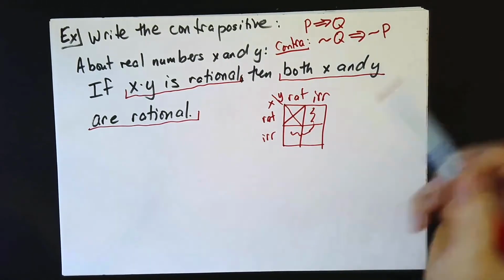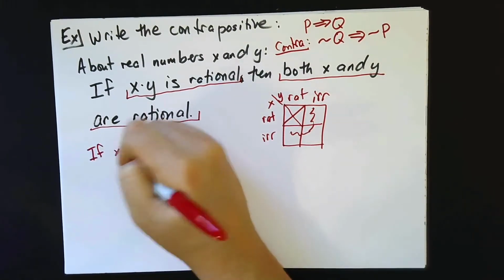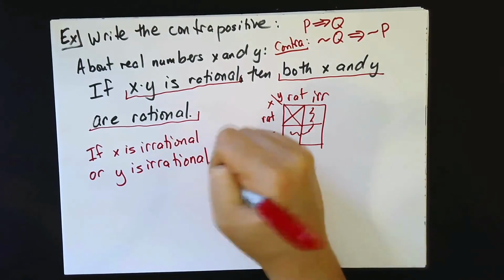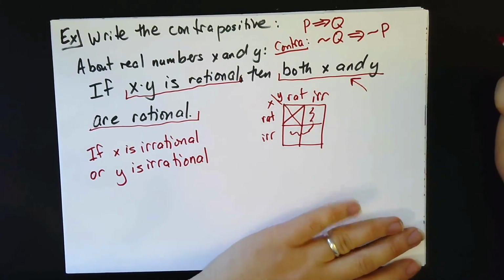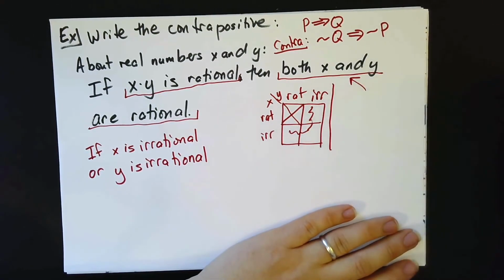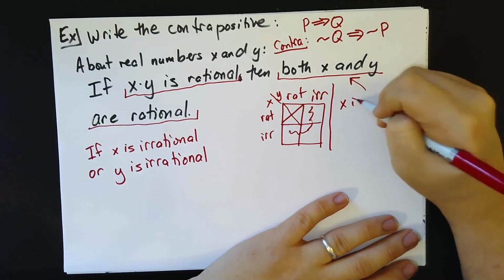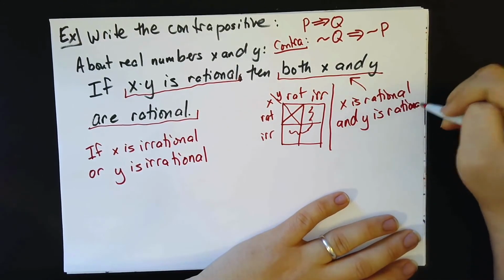And if you take a second to think about it, these three boxes together are describing exactly x is irrational or y is irrational. Now, I'll note you can go straight there if you realize the statement both x and y are rational is just a fancy way of saying x is rational and y is rational.